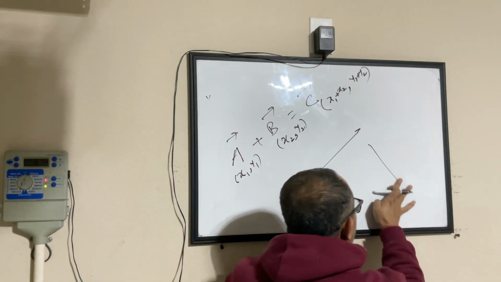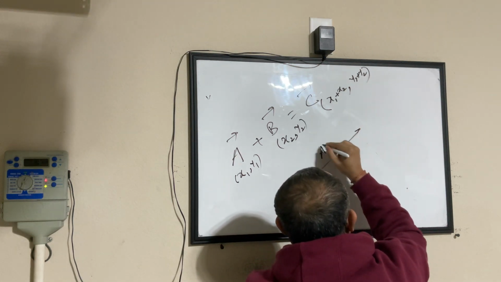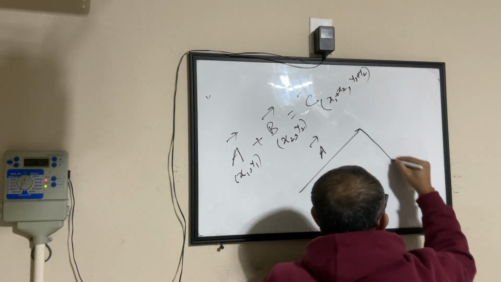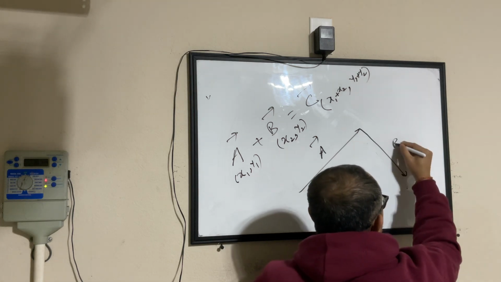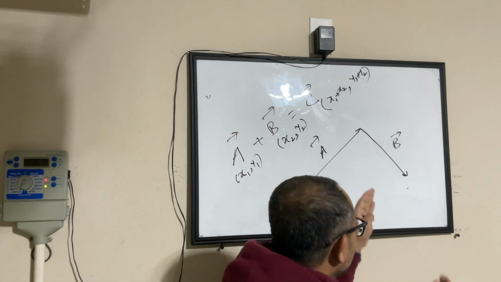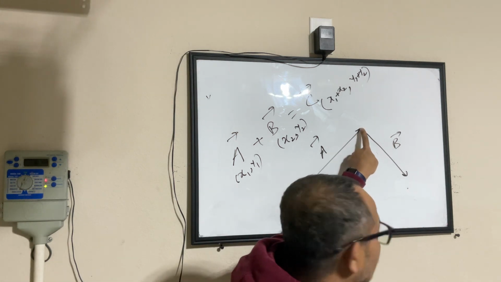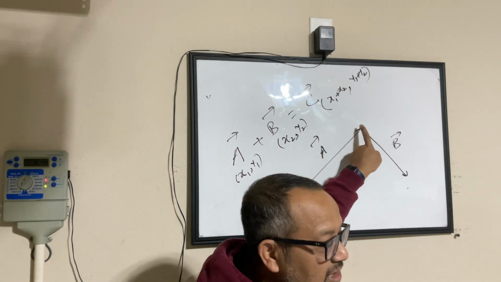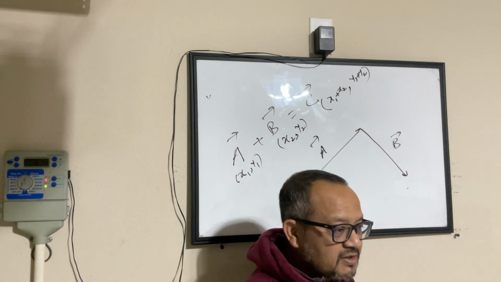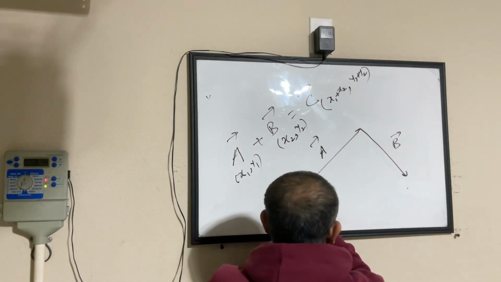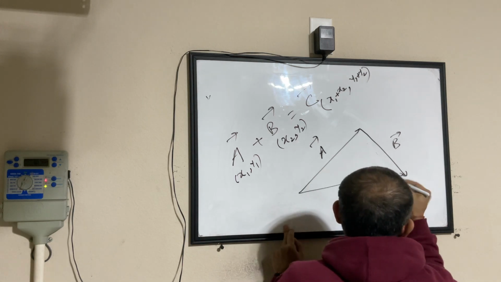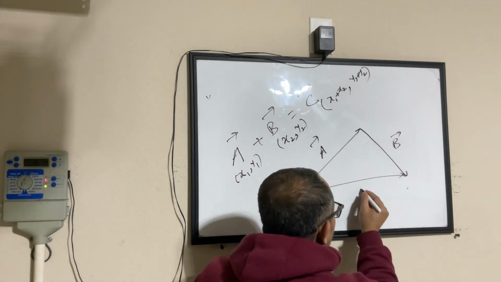That is how it becomes A plus B. What did I do? I moved vector B such that its tail, or the origin point, got attached to the terminal point, or the head, of the other vector. And what will be my resulting vector? This. This will be my C.